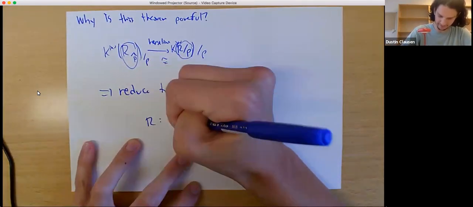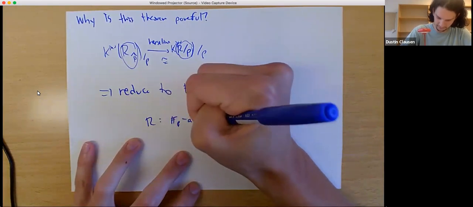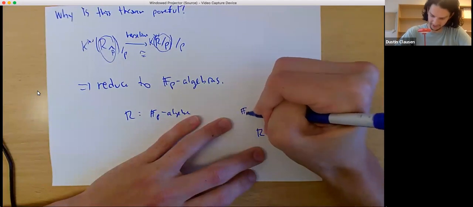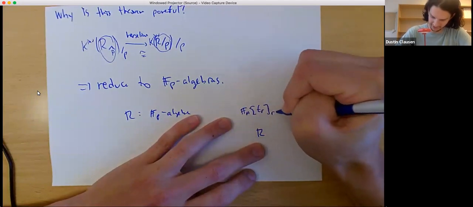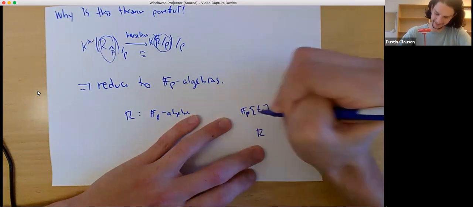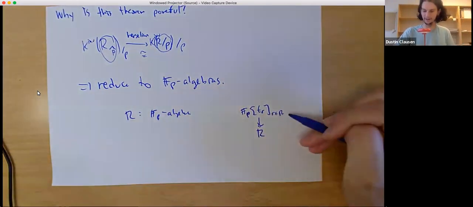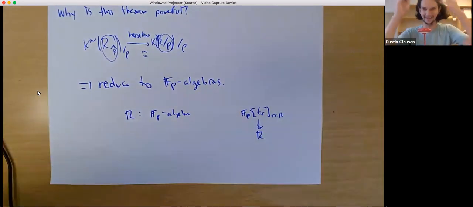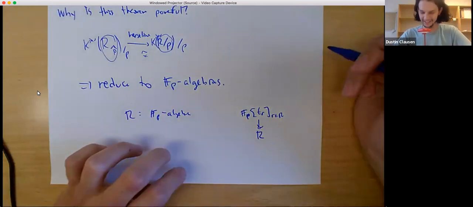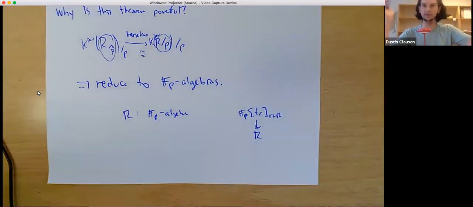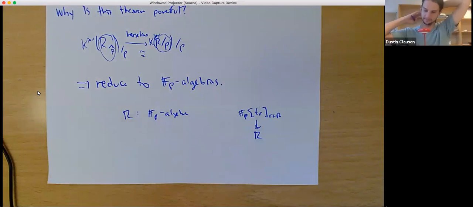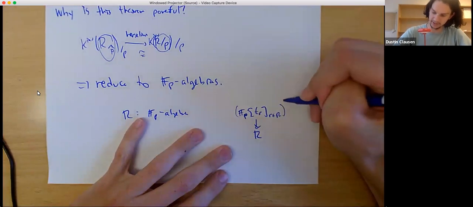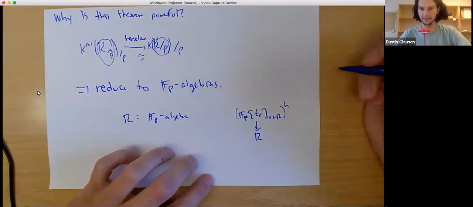So if R is an FP algebra, of course you can make a surjection from R from an infinite polynomial algebra, where you just, for example, I mean, it's very silly, but you can take formal variables corresponding to the ring elements of the ring R, and then just map them to R by sending that formal variable to the honest element R. Yeah. But really you could choose any surjection from a polynomial ring. And this is of course not going to be Henselian, but as I mentioned, you can always Henselize it, and you still get a surjection.